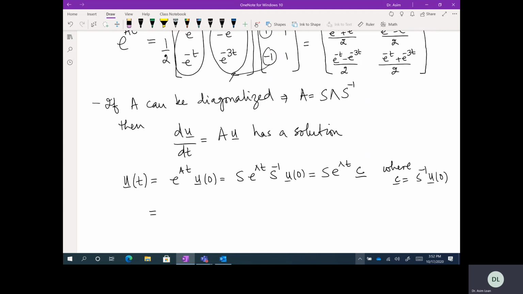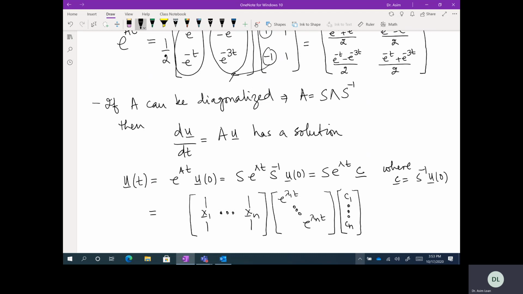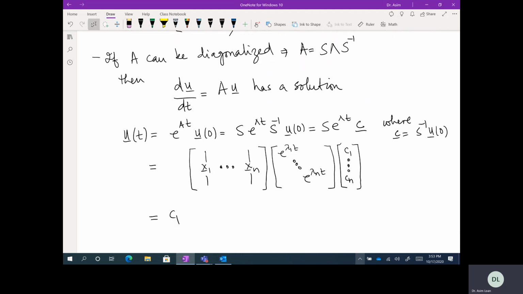This is equal to the matrix of eigenvectors x1 to xn, times the diagonal matrix e^(λ1 t) to e^(λn t), and then I have c1 to cn, or this is equal to c1 e^(λ1 t) x1 plus c2 e^(λ2 t) x2 plus so on plus cn e^(λn t) xn.